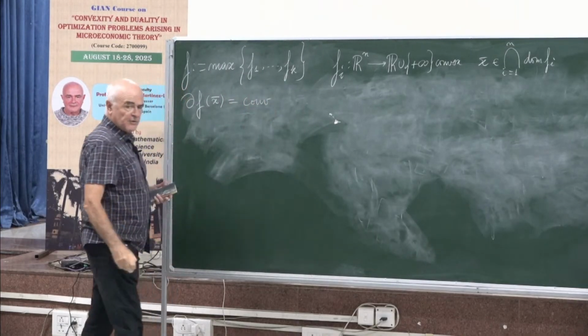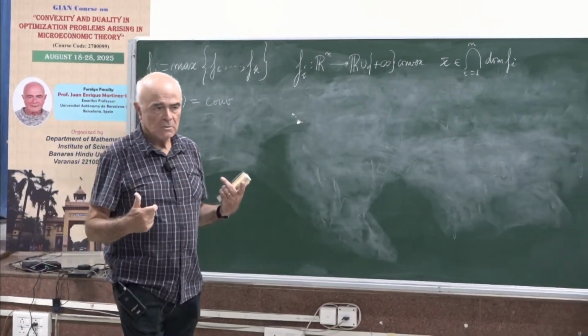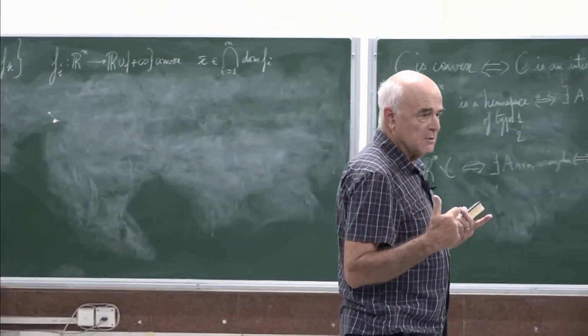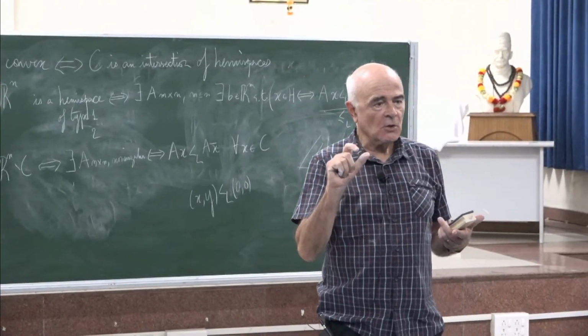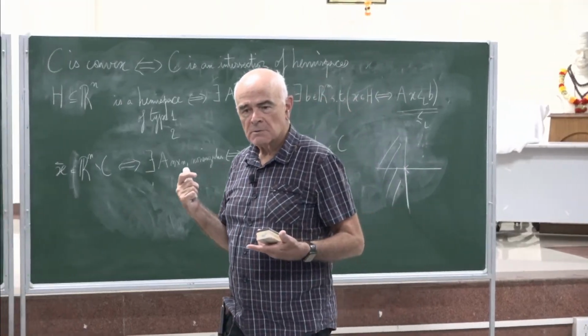I don't remember if he used conv for convex hull or just CO. Conv is the notation used in Rockafellar's book. But in recent times, CO became more popular. I don't remember what he used.